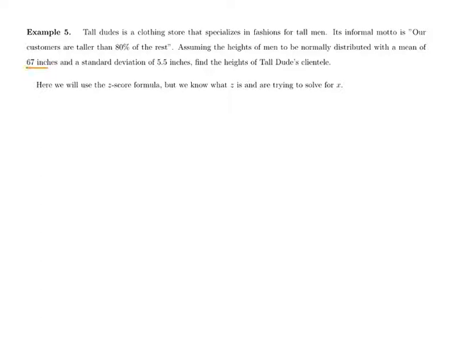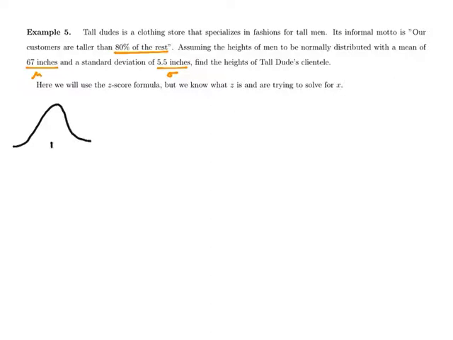So note first that we're given the mean, given the standard deviation, and we know that the customers here are taller than 80% of the rest. So we think about a normal distribution, which we have here.